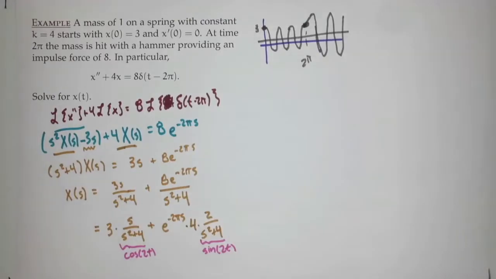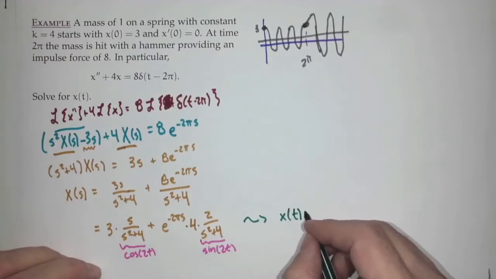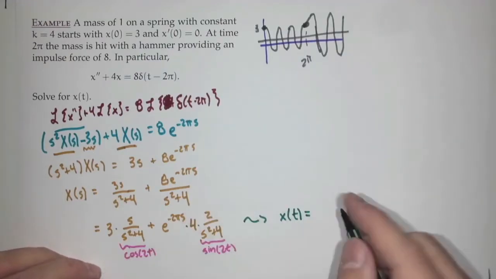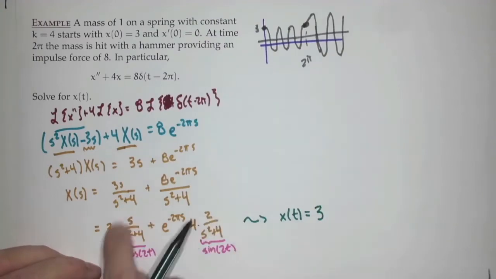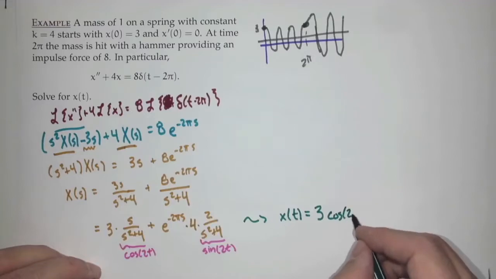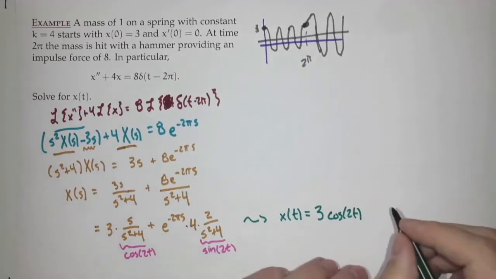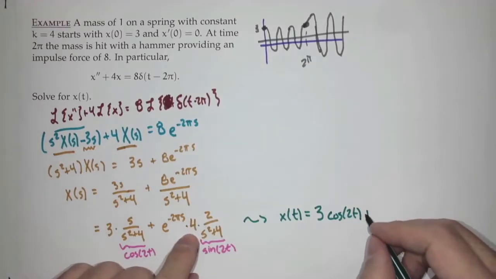All right, so now we're ready to write our answer. So x of t would be 3 cosine 2t. That one's no surprise. What comes next? Okay, we can write the 4.